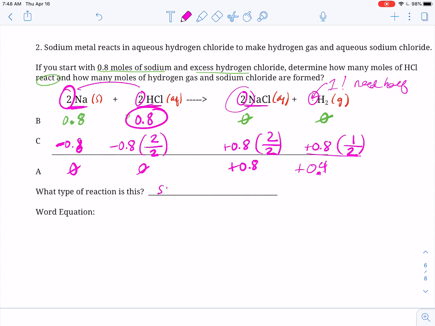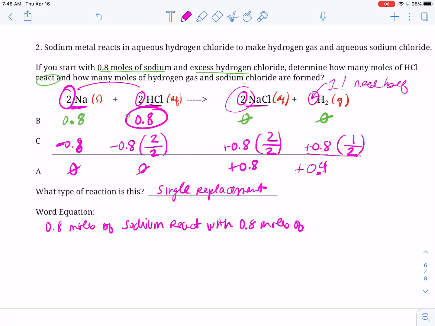If you look at this one, hopefully you recognize this one as a single replacement. A word equation, again, not the recipe, the actual thing that's the amount. So I have 0.8 moles of sodium react with 0.8 moles of hydrogen chloride, or you could say hydrochloric acid, to form 0.8 moles of sodium chloride.